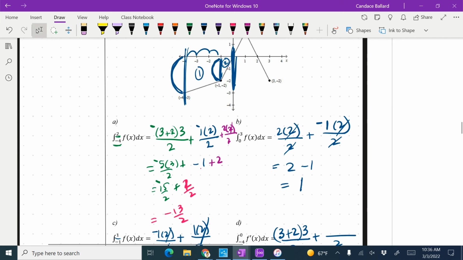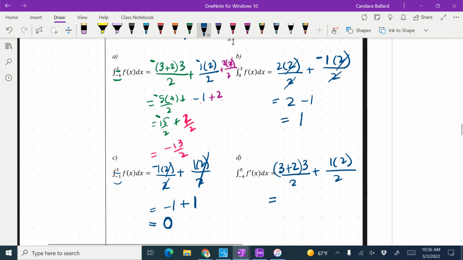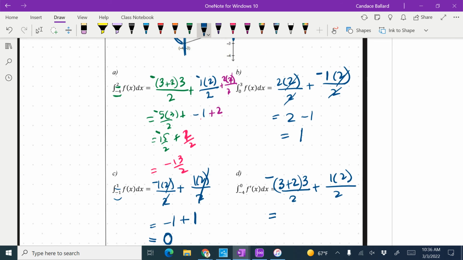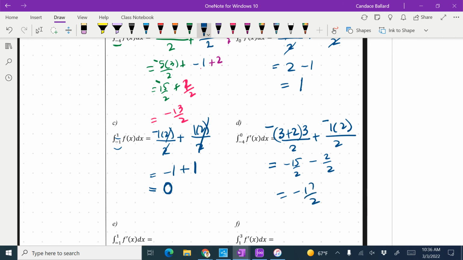And then my triangle, it looks like 1 and 2, right? And then what's special about both of them this time? They're both negative, so I got to make them both negative. All right, it looks like we have negative 15 halves minus 2 halves. So it gives us negative 17 halves.